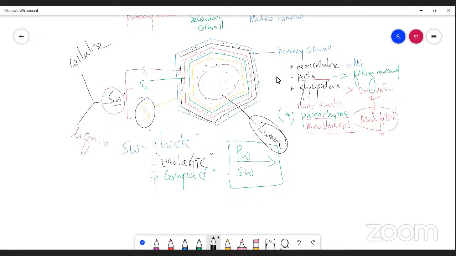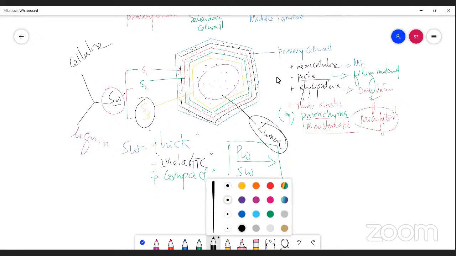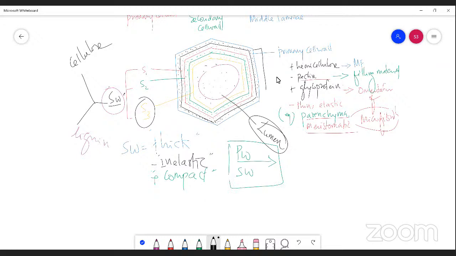So let me represent it in black color. Now this is called the middle lamella. Dear students, please understand, do not get confused. The black color represents middle lamella. Then what is middle lamella? Middle lamella is a thin layer.